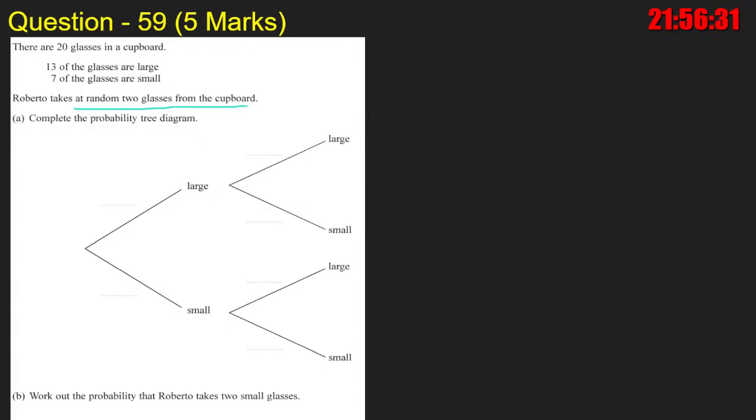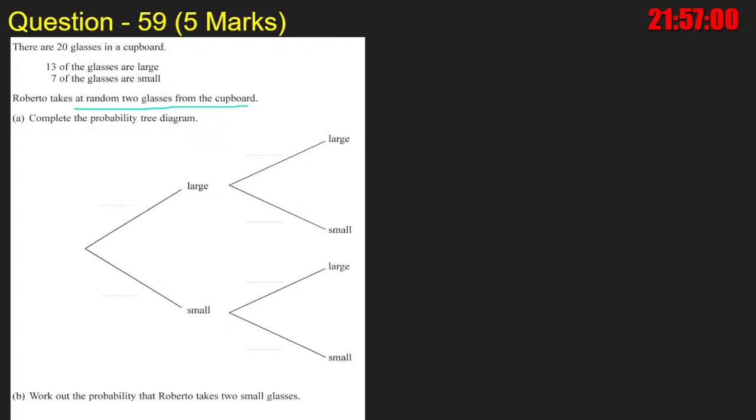So there is not enough information given, so is she taking one and putting it back or not, right? So you can take the glass and not be putting it back. So if you're taking 2 glasses, you need to assume that this is without replacement, right? Without replacement. So you are not putting the glass back into the cupboard.